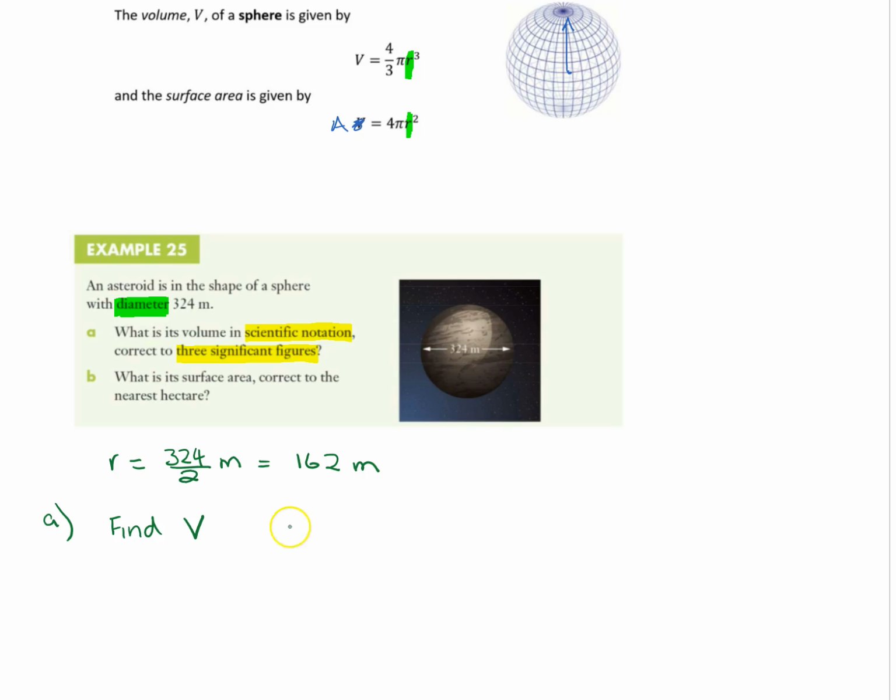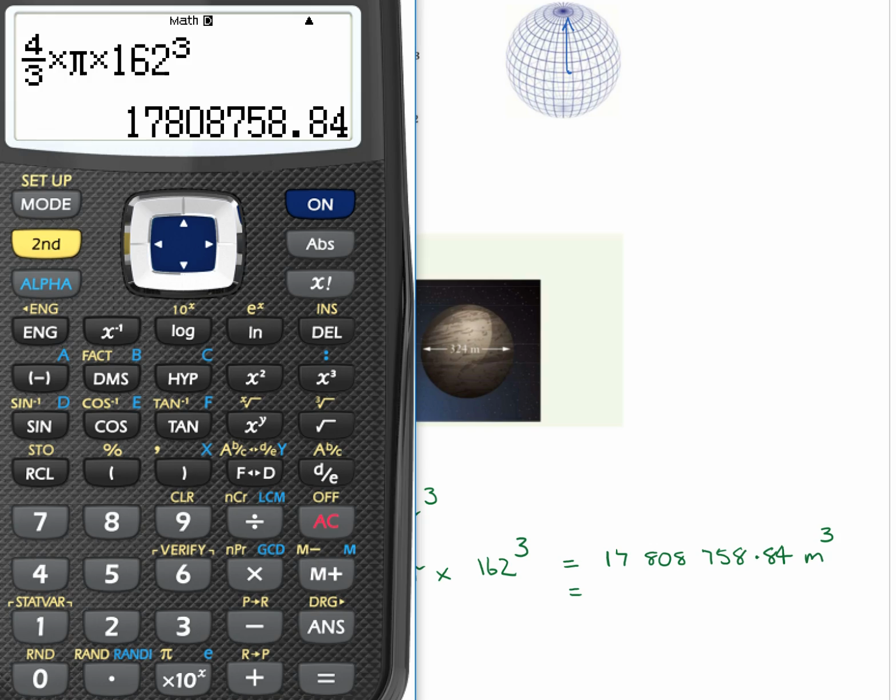So V is equal to 4/3 pi r cubed. So we've got 4/3 times pi times 162 cubed. Now we'll see on the calculator, the 4/3 times pi times 162 cubed gives me this number.